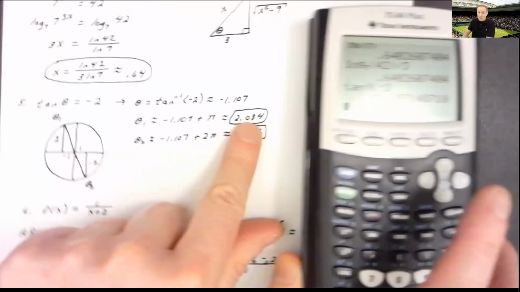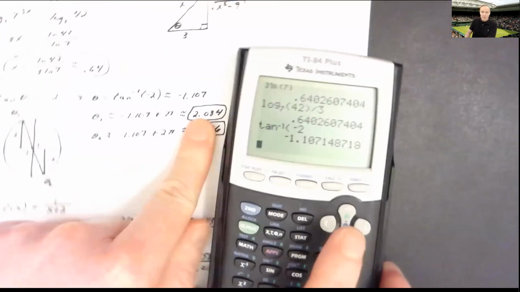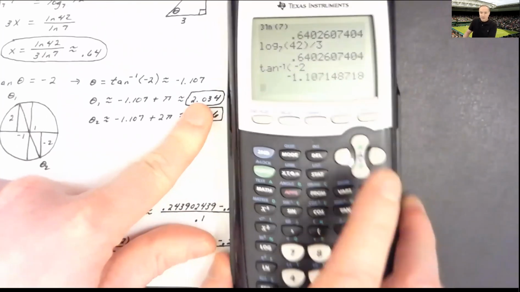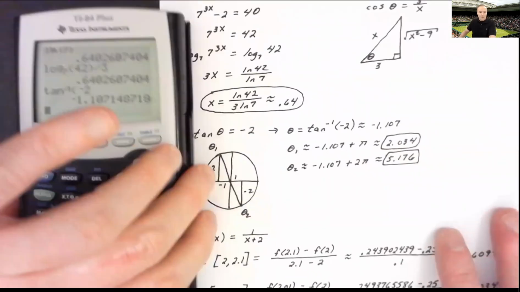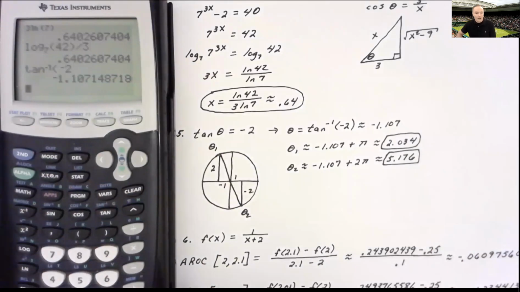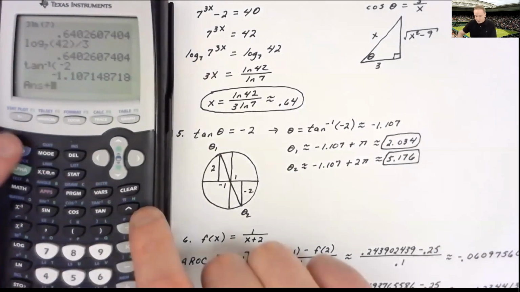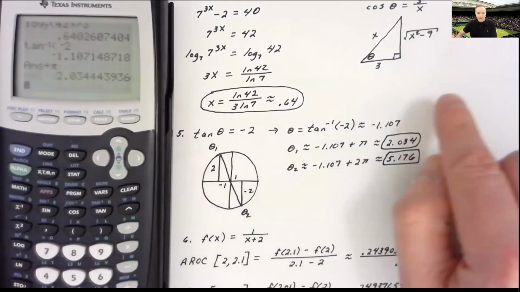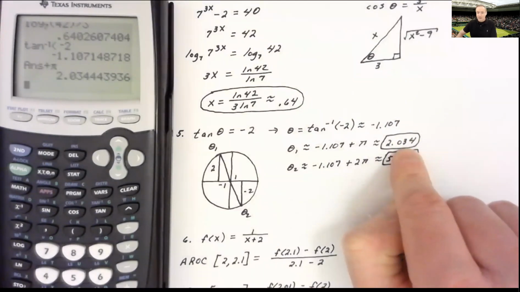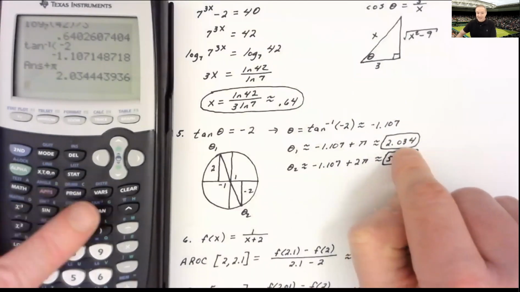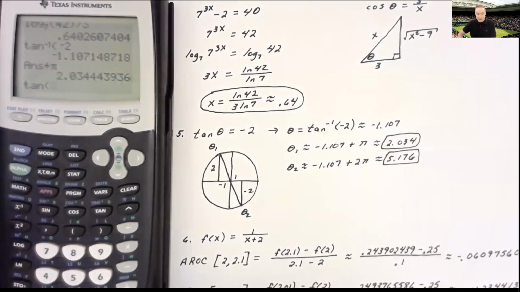So here I know this is the answer, but notice if I did it on the calculator and I wanted to check, I'm trying to get away from the glare. There we go. I could add pi to that answer. That'll get this answer right here. Now, I should be able to take the tangent of that answer, and the tangent of that answer better give me -2, or I'm wrong.